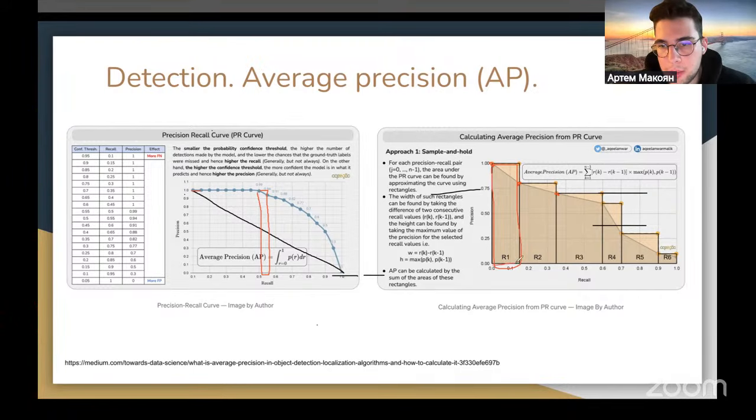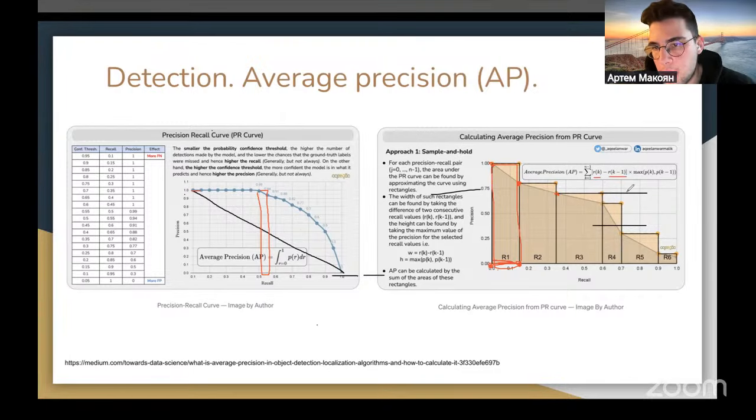So we should count the width. What is the width? Remember that for these points, the x-axis is recall and the y-axis is precision. So the width is the recall of this point minus the recall of this one. So we should sort all recalls, yeah? When we sort points, we take recall of k minus recall of k minus 1.